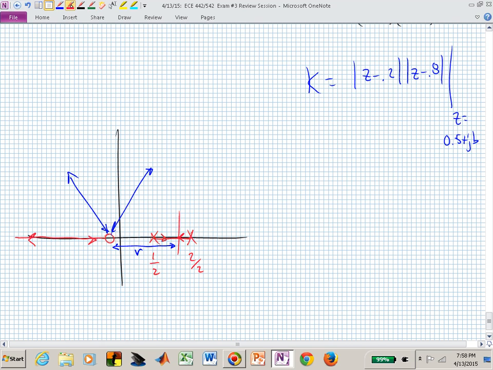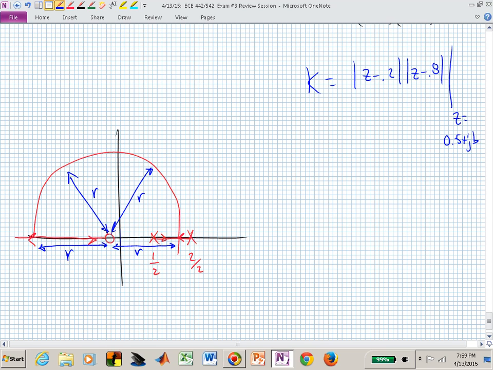Oh, now I've set myself up. But you get the idea. That's the same, and so this distance is R. You don't really have to find the re-entry point directly. You can find it indirectly by computing or finding the breakaway.